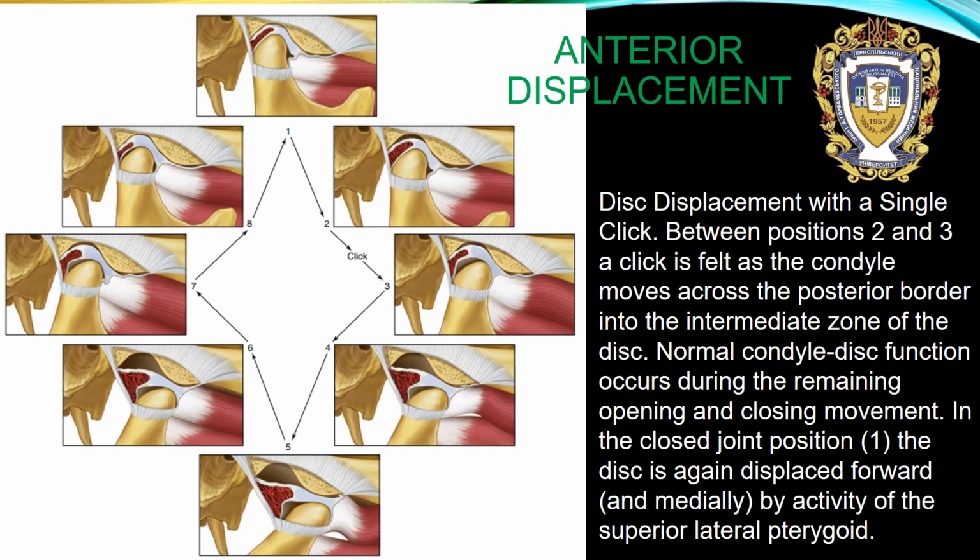A click is felt as the condyle moves across the posterior border into the intermediate zone of the disc. Normal condyle disc function occurs during the remaining opening and closing.